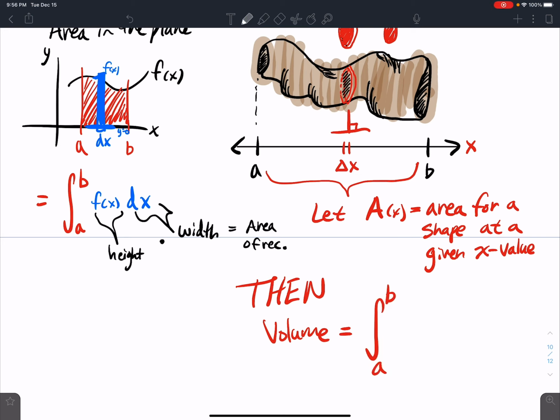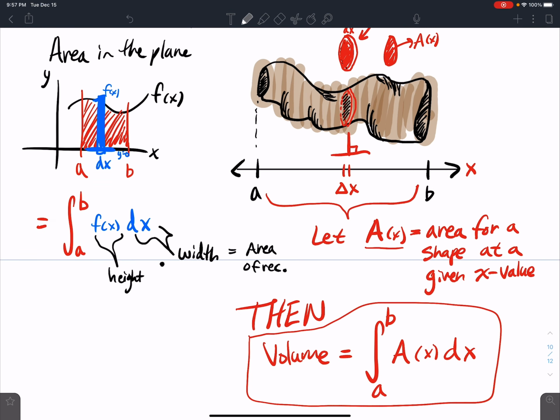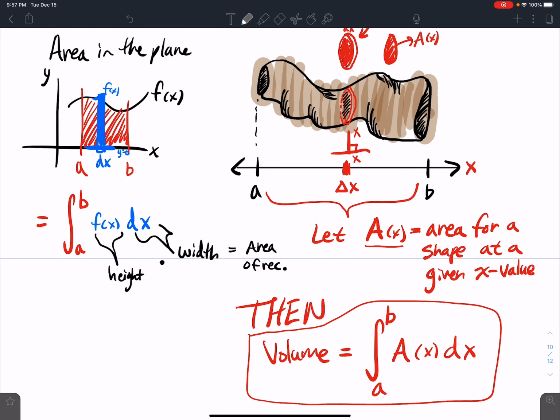This is the area of the shape at the given x times delta x. And that tells you the volume. So this is our formula right here. So the volume is the area, A of x, for the shape at some given arbitrary x value. At some x, we have a width delta x, right? And so I multiply that area by the width to get that three-dimensional volume.